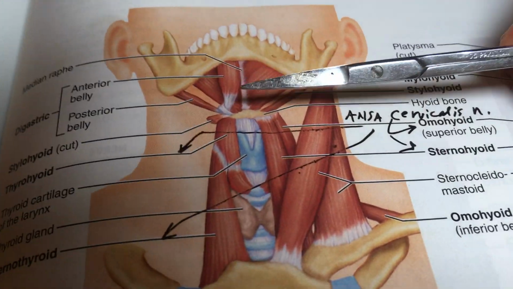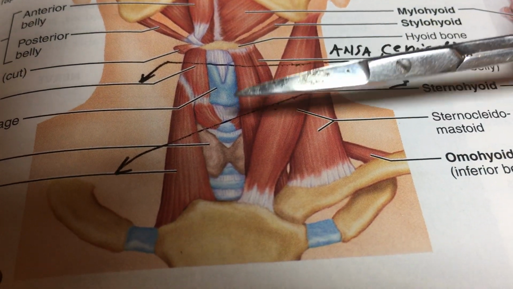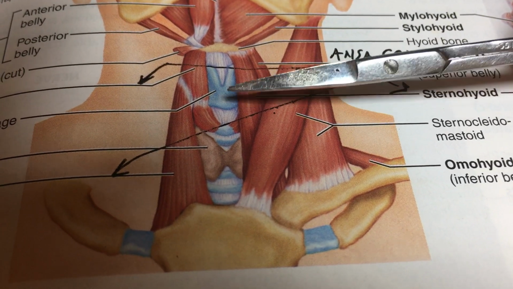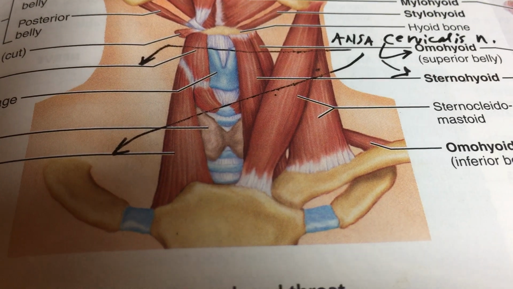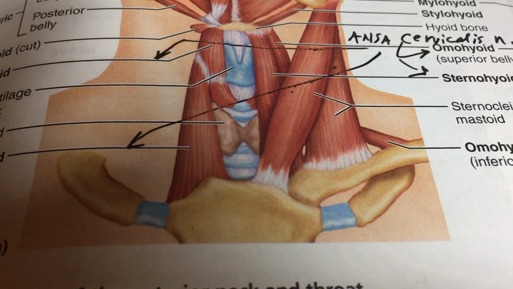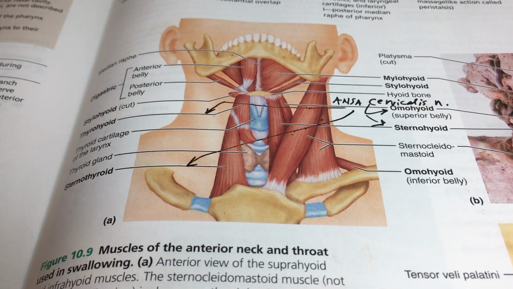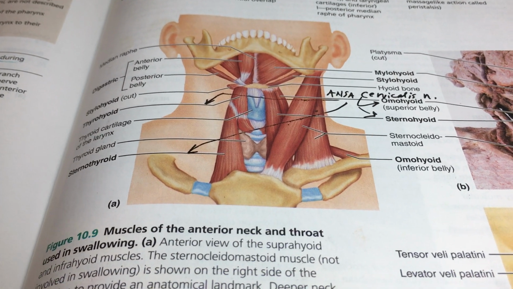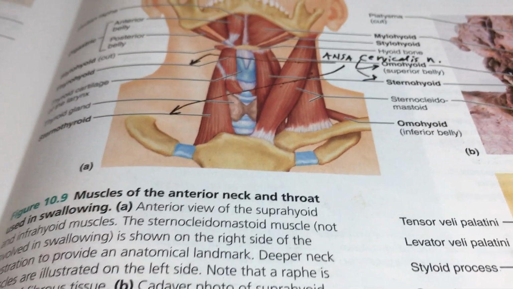All of these below the hyoid are to depress the hyoid, and some of them are attached to the larynx right here, and they depress the larynx at the time of swallowing, and in some cases speaking and pronouncing certain sounds, like G's and K's.